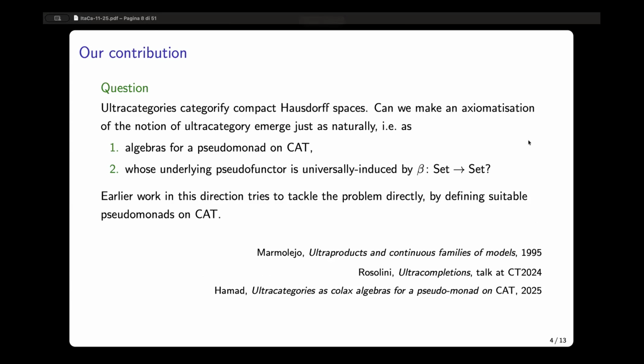And there are also previous approaches to this problem in the literature, mostly focused on making Makkai's ultracategories emerge as algebras, making Lurie's ultracategories emerge as algebras for appropriate monads. So it's like the same idea, but not exactly the same point of view that we chose to have. And in particular, I'm mentioning here Marmolejo, Rosolini, and Hamad, referring respectively to Makkai's ultracategories and then Lurie's.